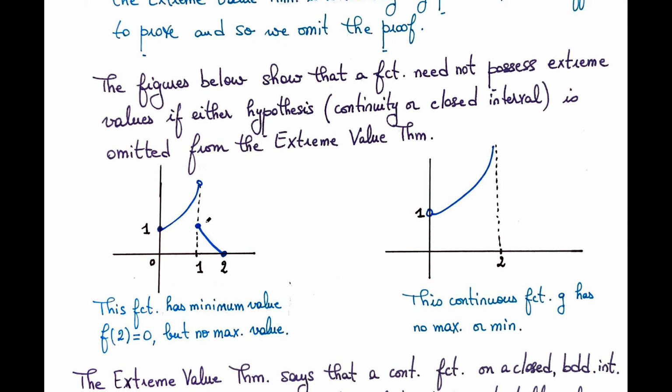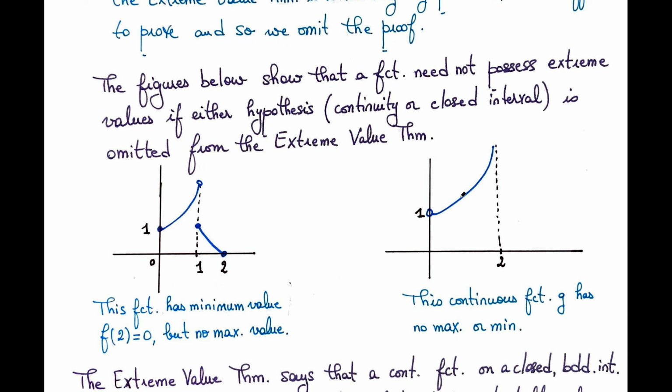So if the function is not continuous, the conclusion of the extreme value theorem is not going to be preserved. And if the set AB is not closed anymore, for example, this set is 0, 2 open, because the function doesn't have a value at 2, 2 is not part of the domain.